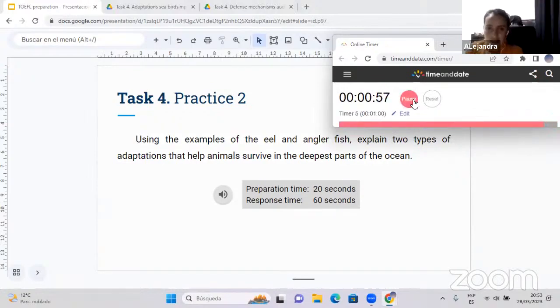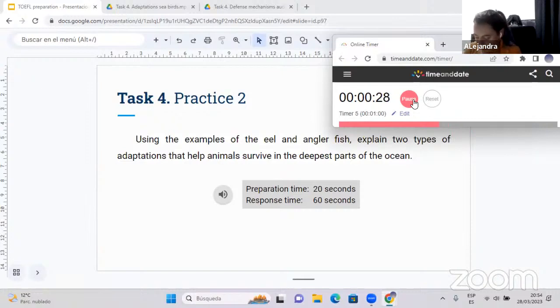The lecture discusses about two types of adaptation that help animals survive in the deepest parts of the ocean. First, the professor explains the body features, like some fishes have, for example, a large stomach that allows them to eat more food because the stomach can expand.